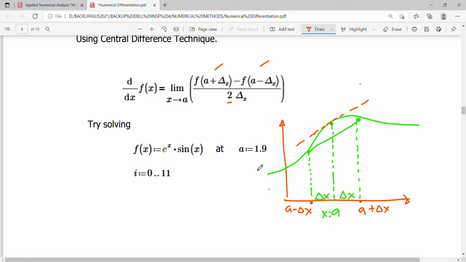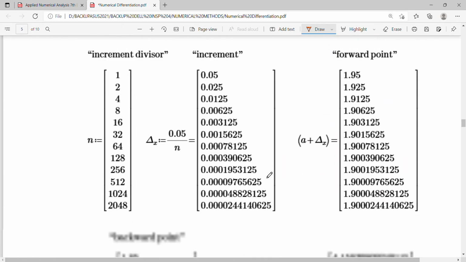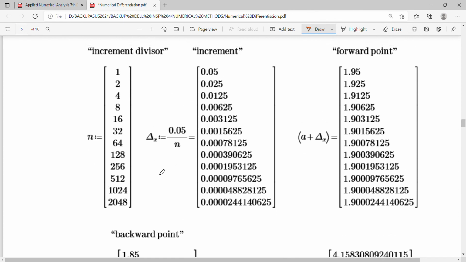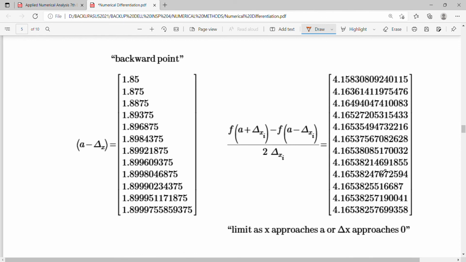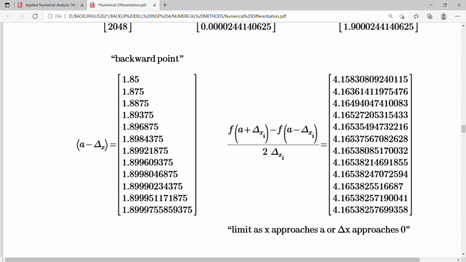Okay, and if we try solving this, we will have this forward point, this is the backward point, and this is now your limit derivative. Okay, so for this, 1653 actually converges somewhere on the 2, 4, 6, 7, seventh increment.